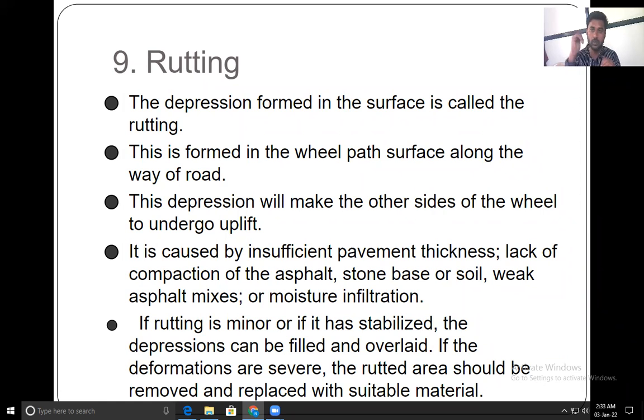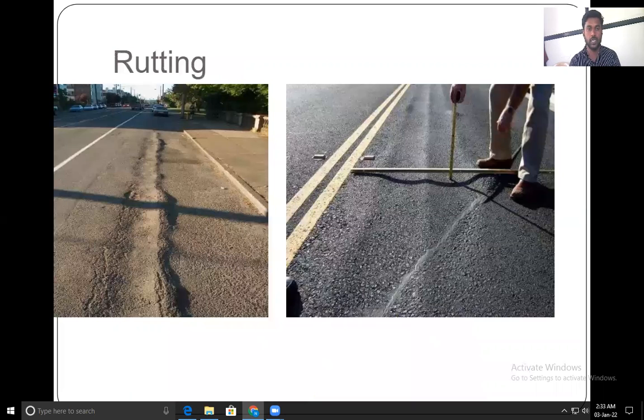If the rut or depression goes very deep, then we have to remove the material from there and replace it with suitable grades of material. You can observe here the depressions along the path of the wheels on the roads.